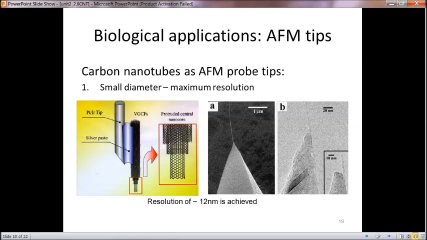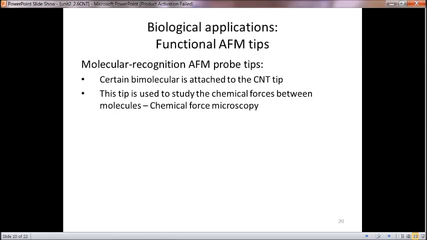The functional AFM tips have molecular recognition, and so they give certain biomolecular attachments to the CNT tip. This tip is used to study the chemical forces between molecules, and in chemical force microscopy too.